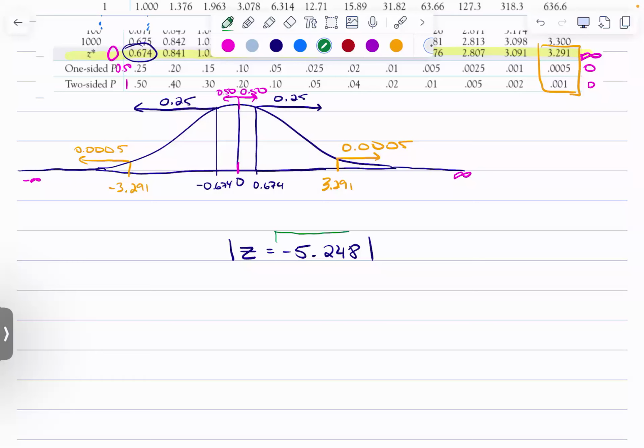This is our calculated Z from step 2. Always put that absolute value. You don't want to drop the negative because you did find a negative value, but putting that absolute value on there drops the negative.